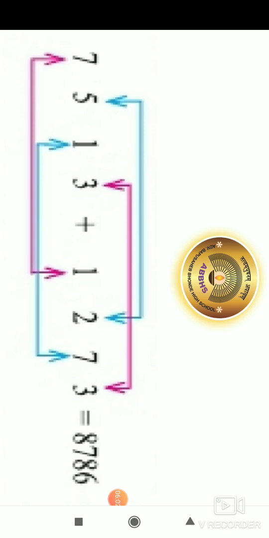Here 3 plus 3 is 6, then tens to tens, 1 plus 7 is equal to 8, then hundreds to hundreds, 5 plus 2 is equal to 7, and next thousands to thousands, 7 plus 1 is equal to 8. So first we add units to units, then tens to tens, then hundreds to hundreds, and last thousands to thousands. So this is how to add horizontally. Get it?